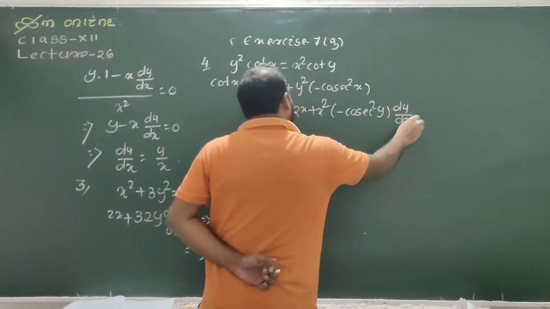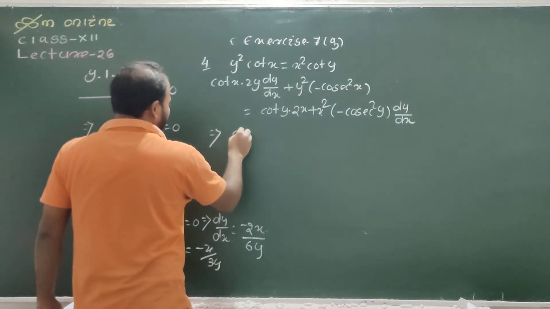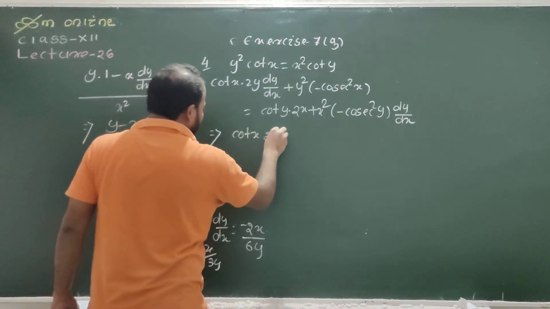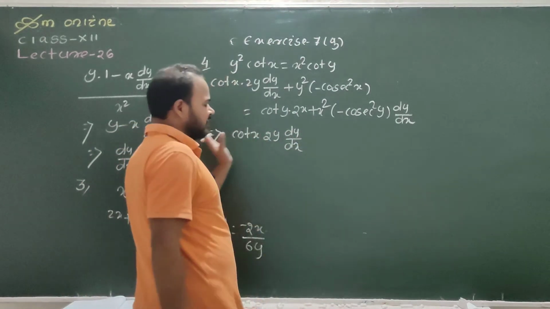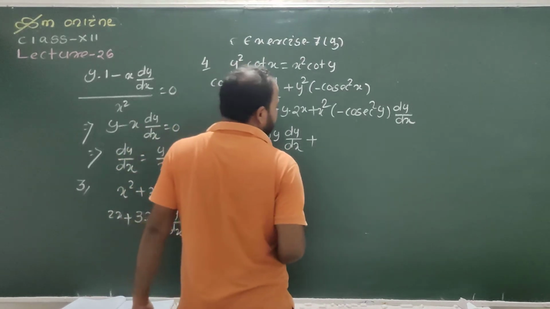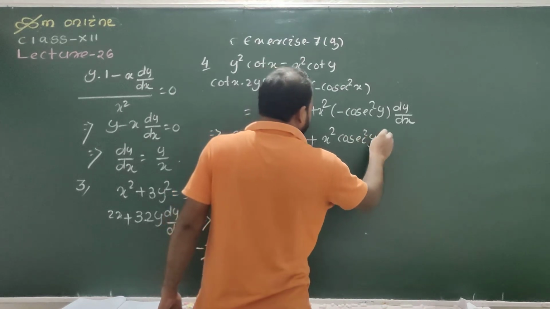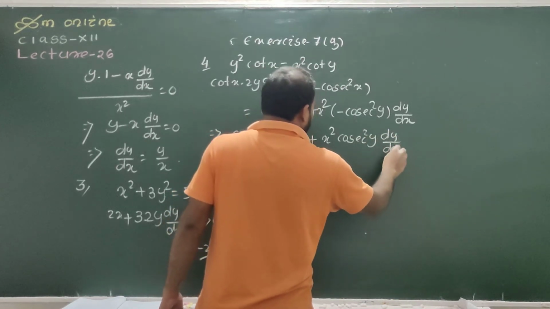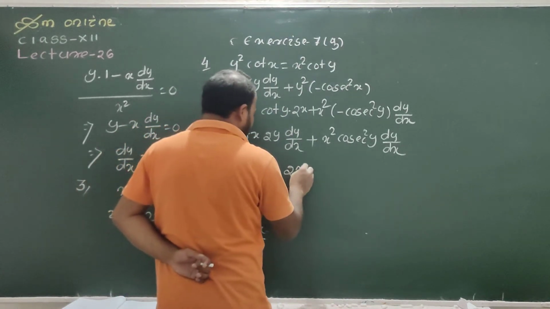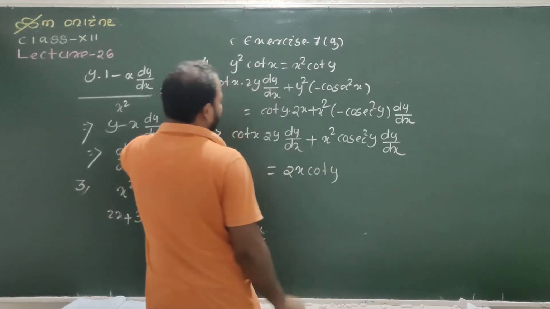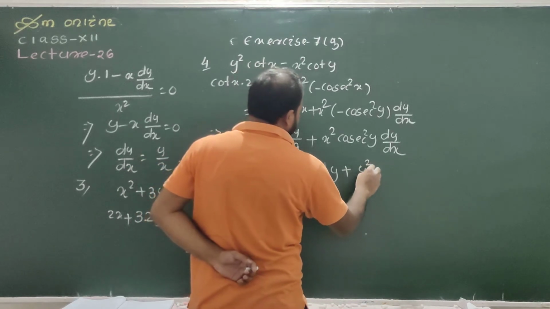So taking dy by dx to the left hand side, this is cot x into 2y dy by dx, and plus x square cosec square y dy by dx. On the right hand side this is cot y into 2x, or 2x cot y, plus y square cosec square x.